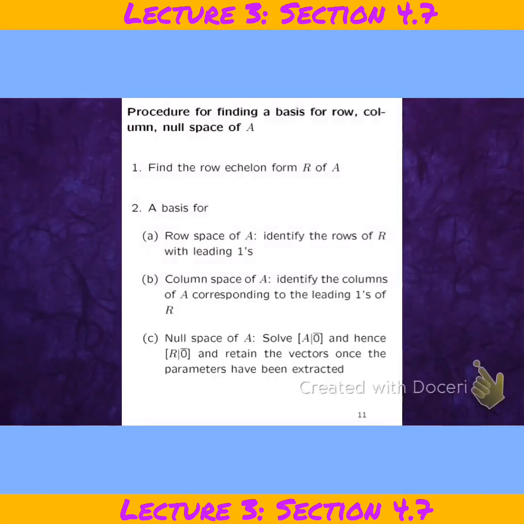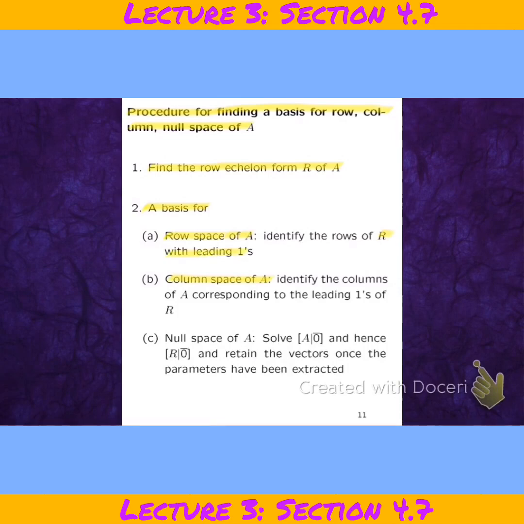Alright, so to recap the procedure for finding the basis for the row, column and null space of A, you take the matrix A and you find the row echelon form R of A. Now for the basis for the row space of A, you look at the rows with the leading ones, you gather those leading one rows together, and that will be a basis for the row space of my matrix A. For the column space of A, you go to the row echelon form and look at the columns containing the leading ones.